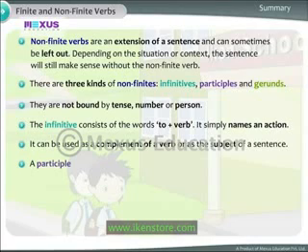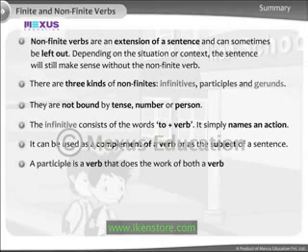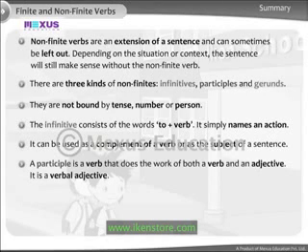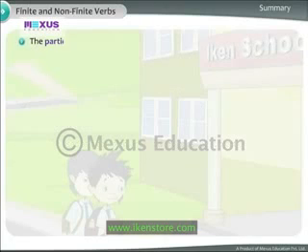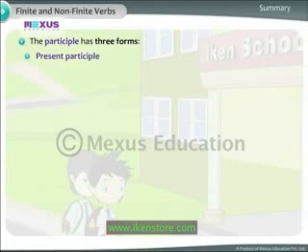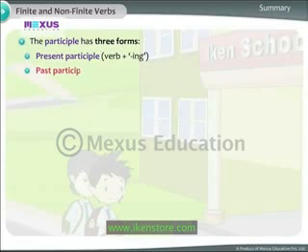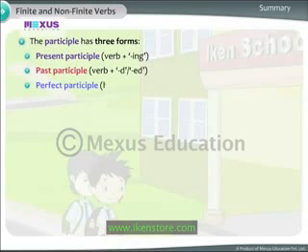A participle is a verb that does the work of both a verb and an adjective. It is a verbal adjective. The participle has three forms: present participle, verb plus ing; past participle, verb plus d or ed; perfect participle, having plus d, ed or en.